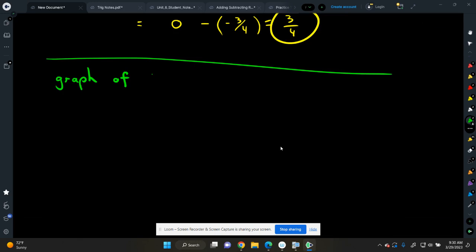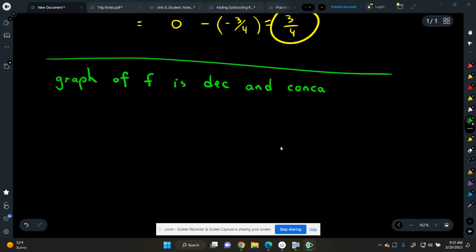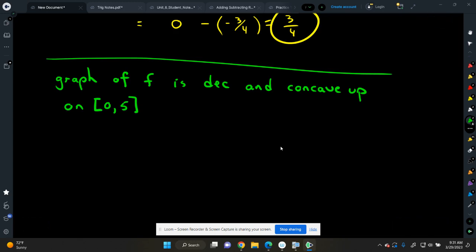The graph of f is decreasing and concave up. So make sure you're copying this down. Decreasing and concave up on the interval from 0 to 5. Which of the following must be true?